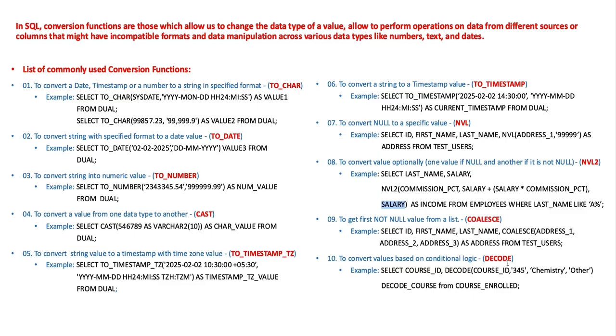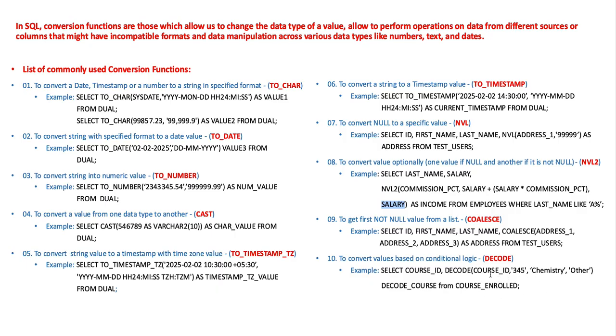Next function is the DECODE function. To convert values based on conditional logic, we use the DECODE function. To explain this DECODE function, I have used the course_enroll table, which includes the course ID. I am going to change that course ID number to the actual subject.